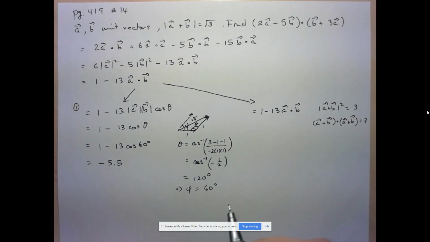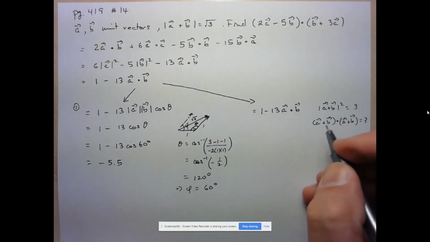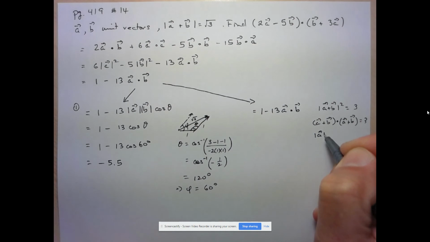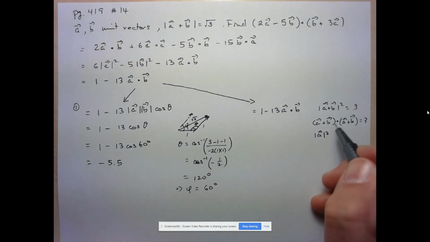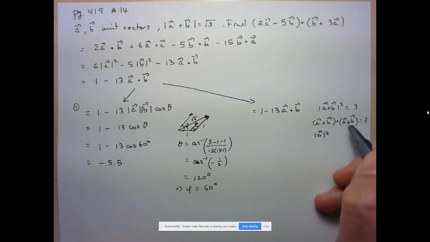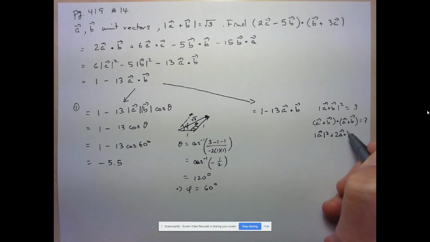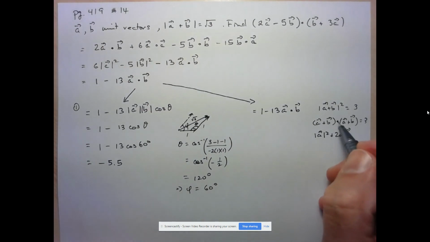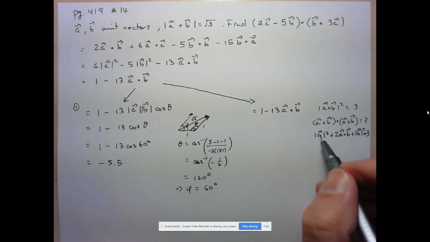All right, and now again, I'm going to use the distributive property. So I have A dot A, which is just the magnitude of A squared. I'll skip writing it out. Here I've got A dot B plus B dot A, commutativity. So that's just going to be plus 2 A dot B. And then B dot B is just the magnitude of the vector squared. Sorry, it's getting a little small here. But look at that.